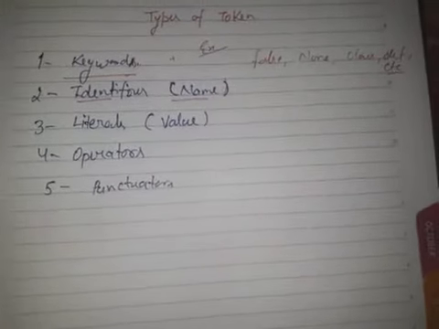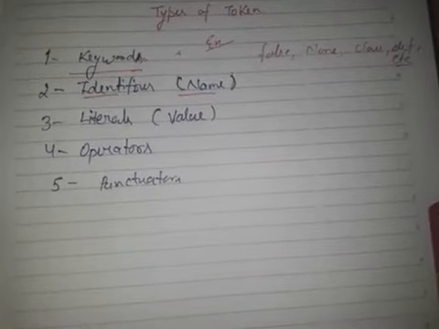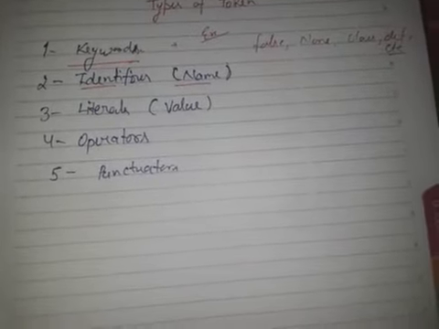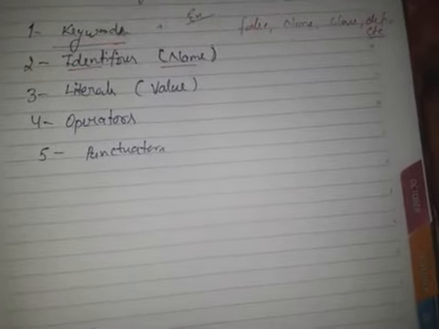And identifiers also have rules. The rules associated with an identifier: it can be in lowercase, in uppercase, or a mix of both. It should not start with a number, it cannot be a keyword, and its length cannot be more than 79 characters. Okay.